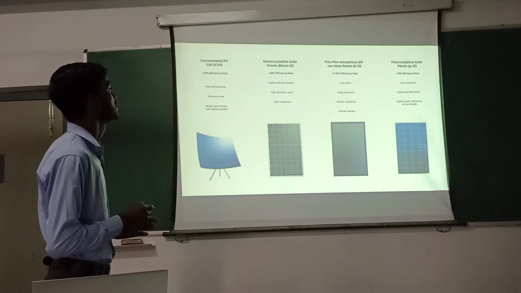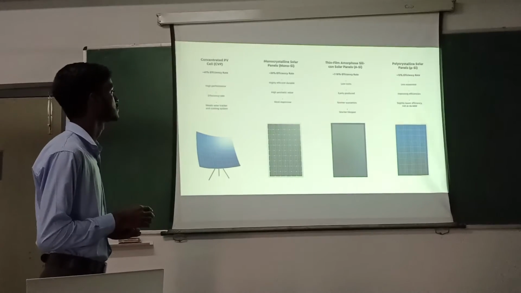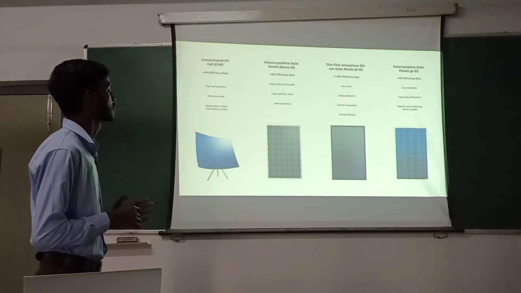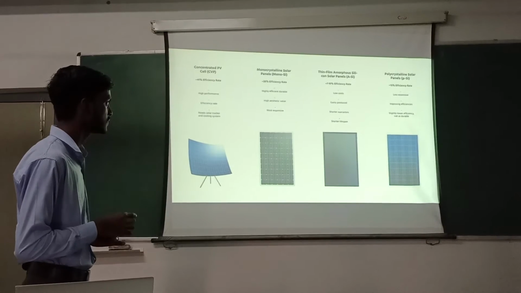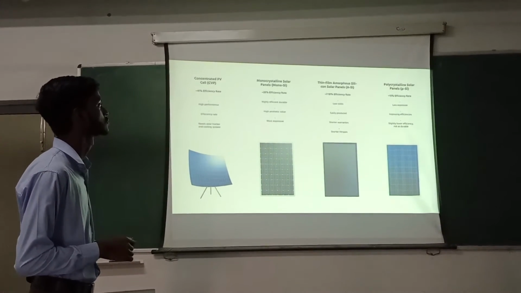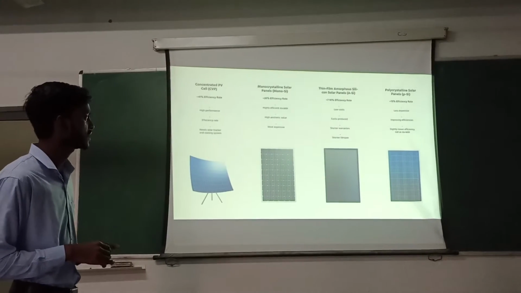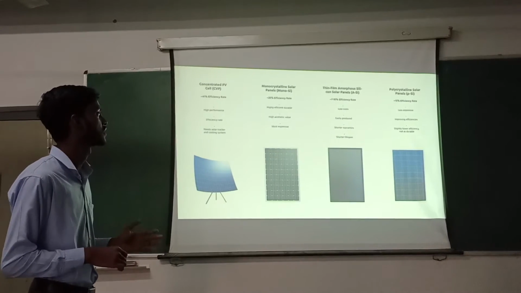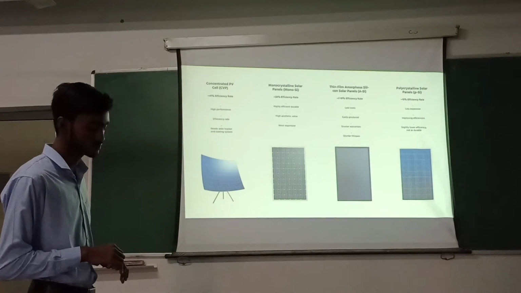Now the thin film amorphous silicon solar panels: their efficiency is also good and their cost is low, but their lifespan is very short. And the last one is polycrystalline solar panels. They are less expensive, their efficiencies are still being developed, and they are not as durable as the previous ones.